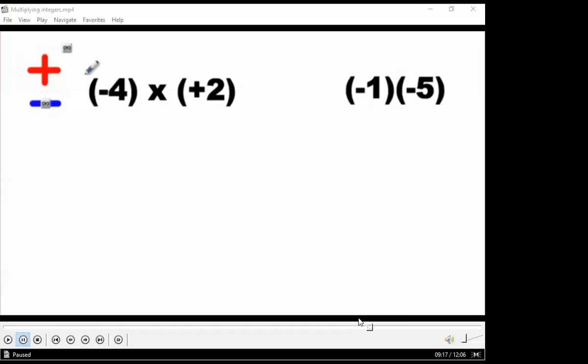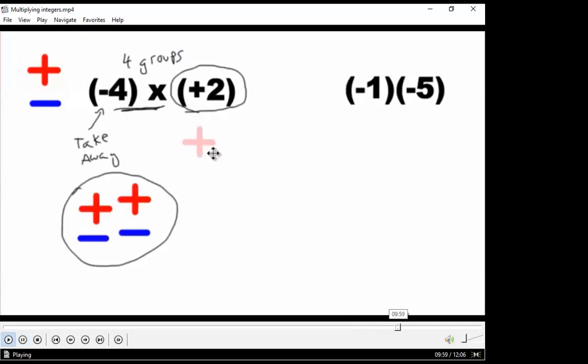Here it is: negative 4 times 2. How many groups are you looking for? 4 groups. And take care. The first one is what? Negative.